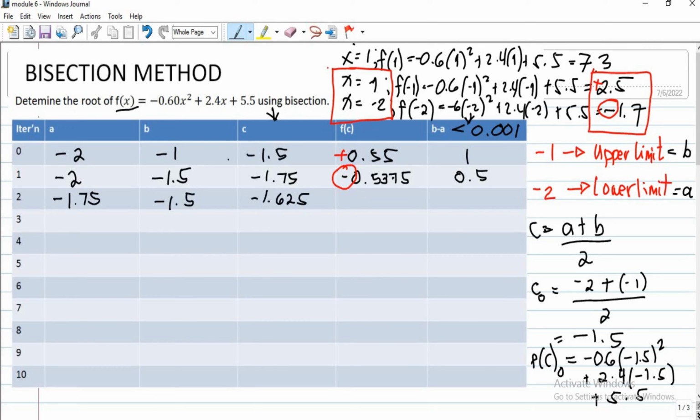Again, if you substitute this in my function of x, negative 1.625, that is equal to positive 0.015625. Now, pag kunin ko ulit yung difference ni B and A, ang lalabas sa calculator ko ay 0.25.